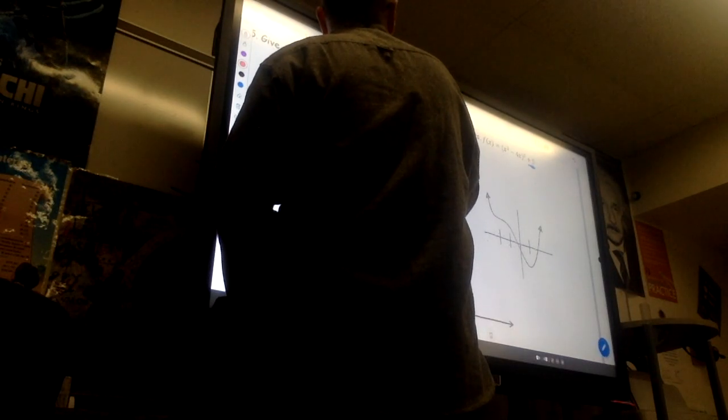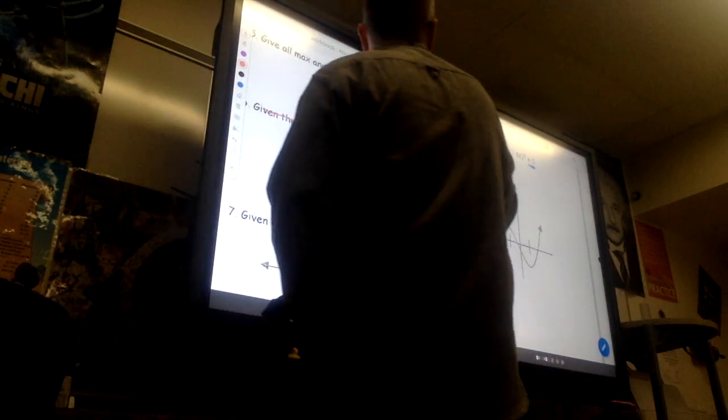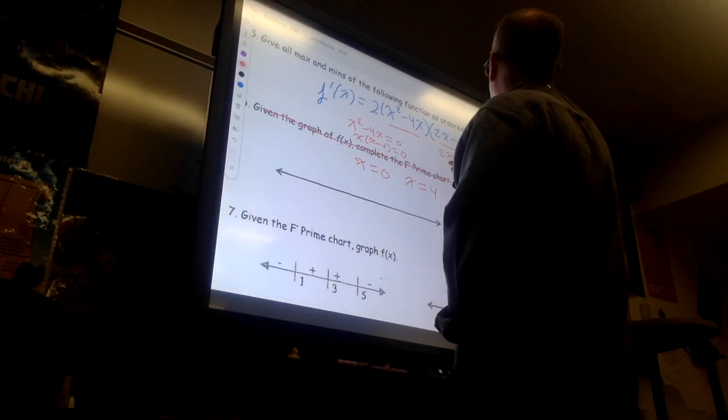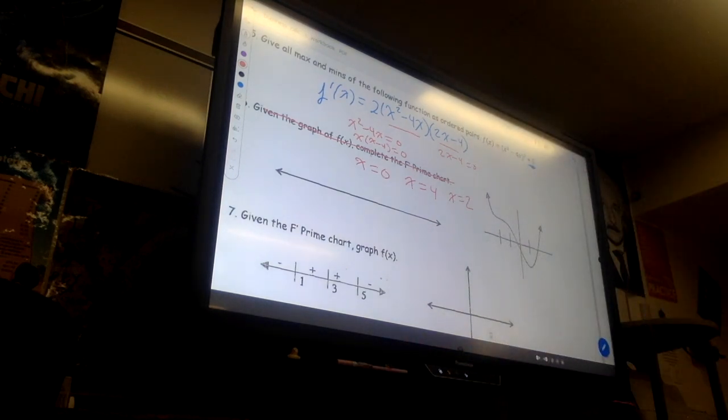So that's going to give me x equals 0. I'm kind of ignoring this right now. x equals 4. And then 2x minus 4 equals 0. So x equals 2. All right, so those are our critical values, meaning that's where mins and maxes and all that kind of stuff can take place.